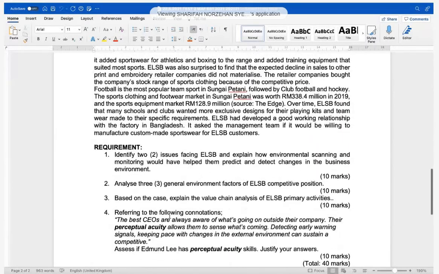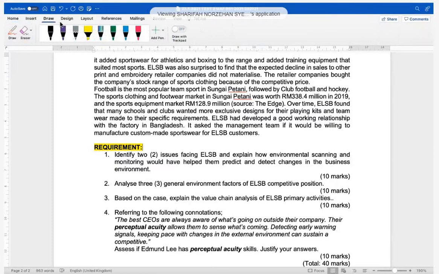Let's go through this particular requirement that you have here. What do they ask you to do here?